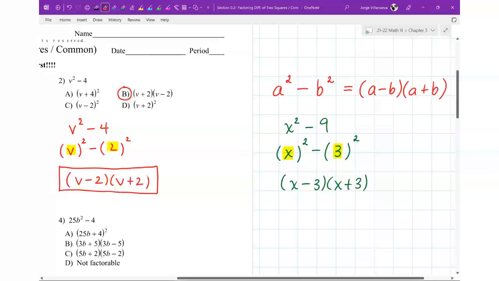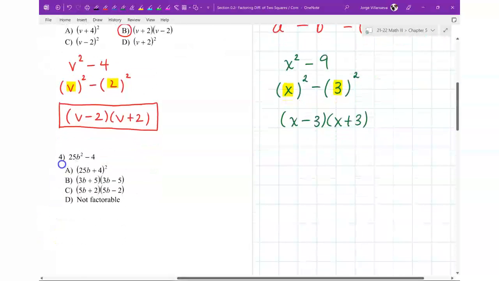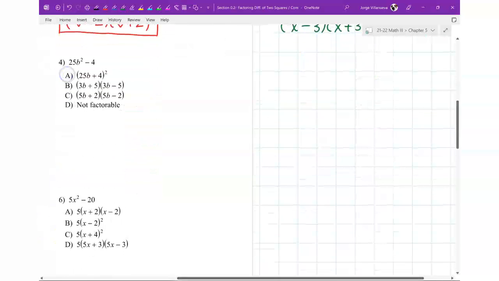These are pretty easy problems, but we can make them a little bit more challenging. So let's look at number 4. We have 25b squared minus 4. I'm going to do the same thing that I did before.